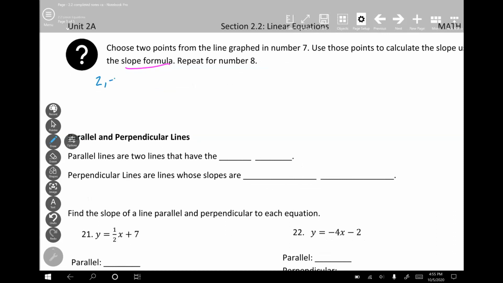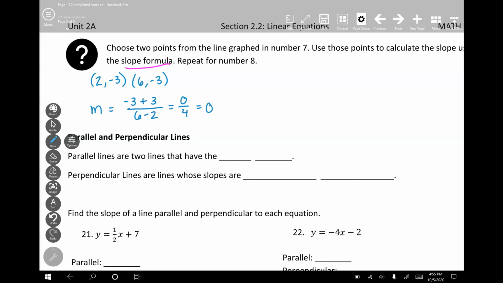So (2, -3), (6, -3). Now I'm going to plug those into the slope formula. So m equals -3 minus -3 over 6 minus 2. That's 0 over 4. And 0 divided by anything is going to be 0.